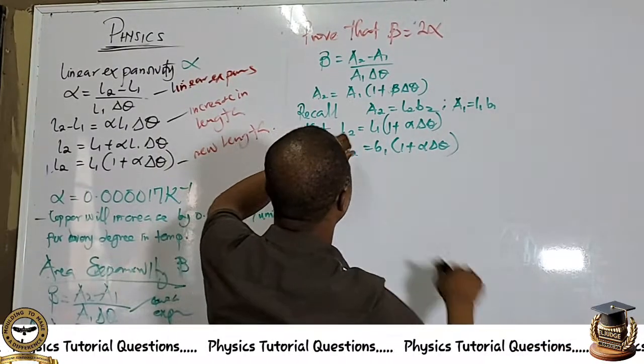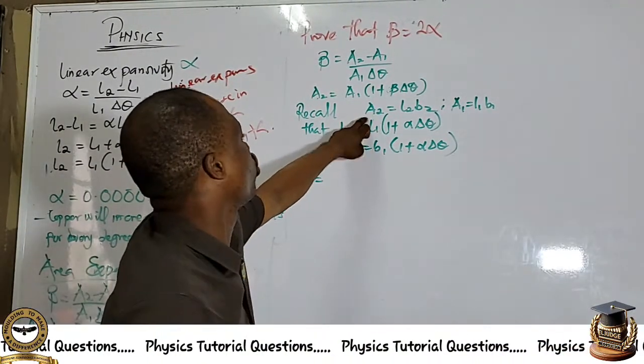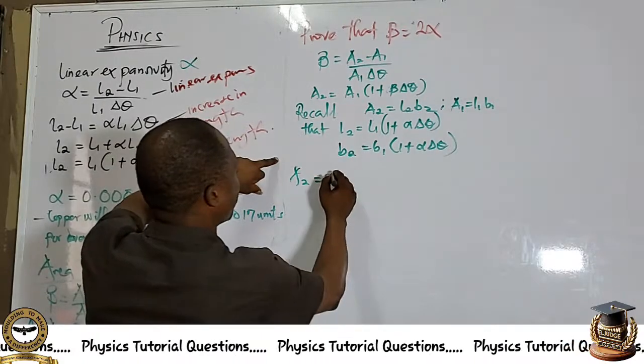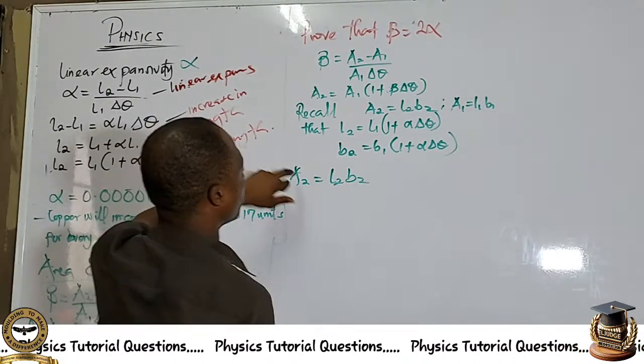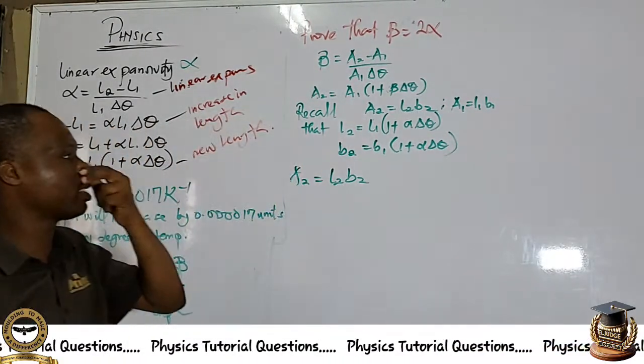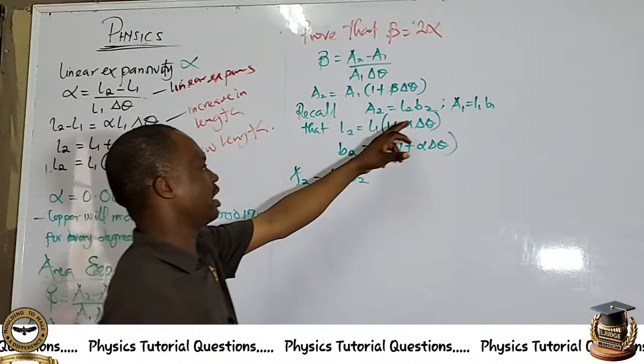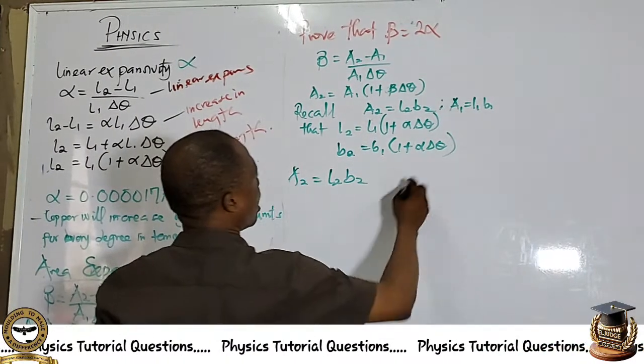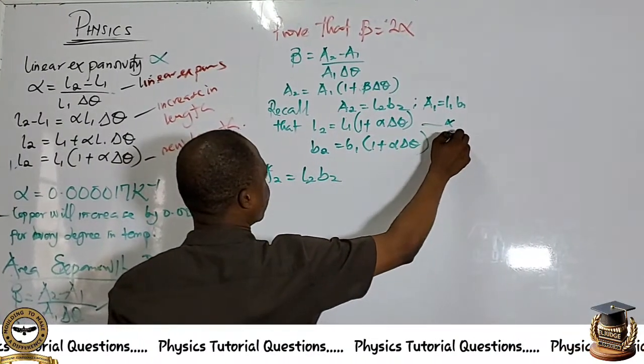So now A2 is what we are looking for. A2 is L2 B2. So we want to compare it. Now L2 B2, we are bringing these two equations. Let's call this one equation star star.